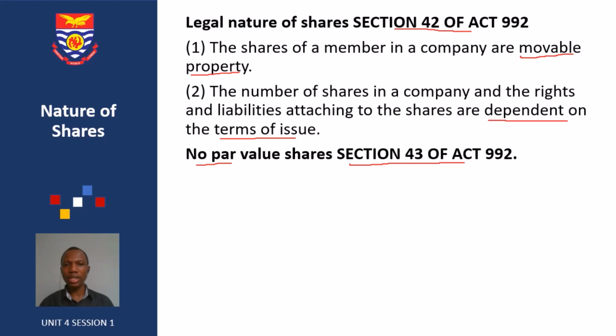The reason given for shares not being issued at a par value is that in reality the price of the shares depends on demand and supply. So it will be very misleading to give a specific value to the shares.